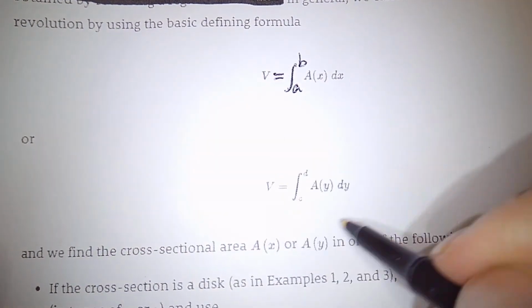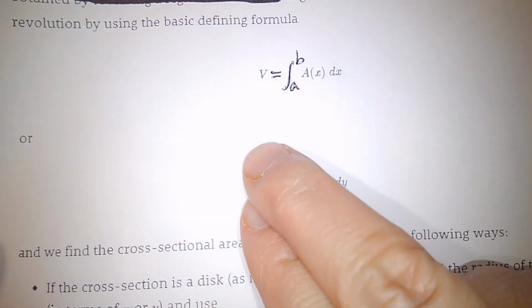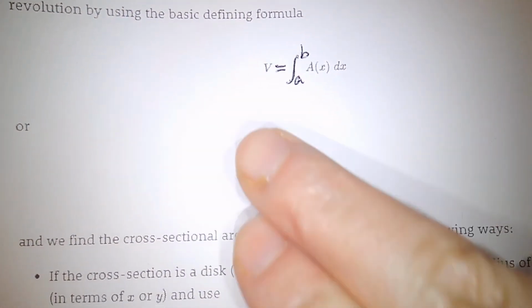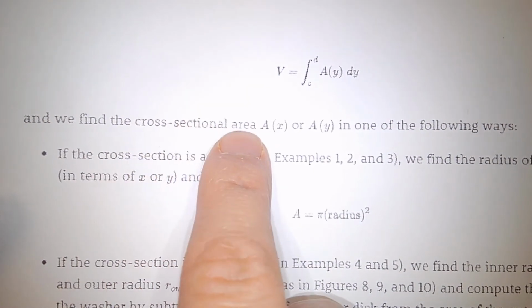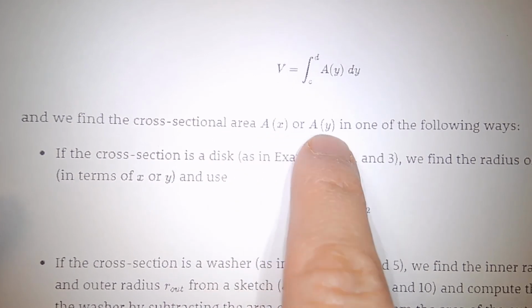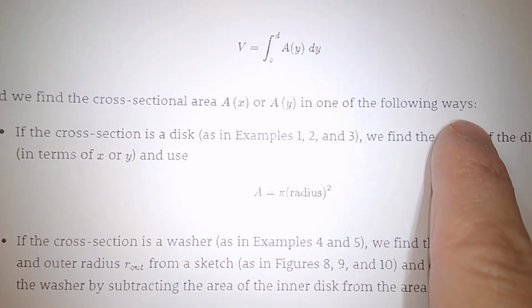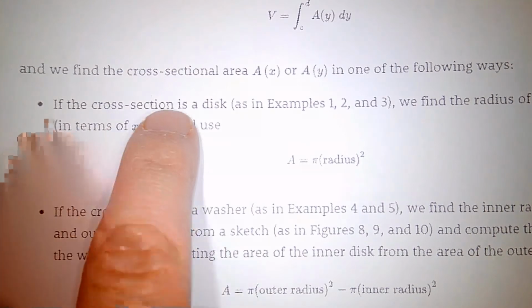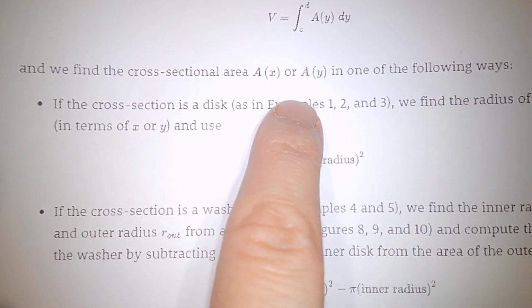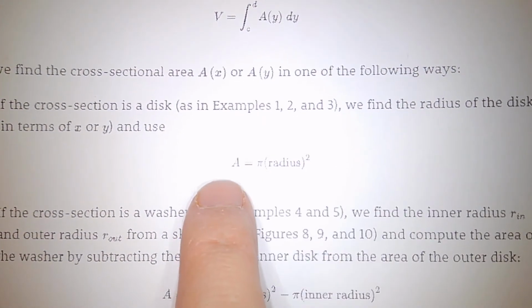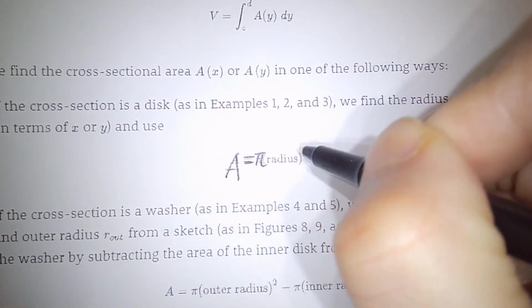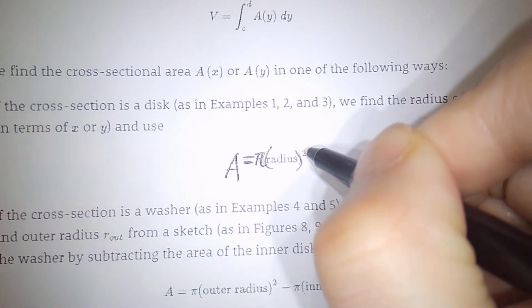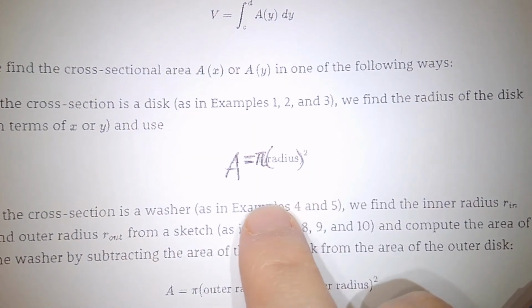Later we'll do the second case, so I'm not mentioning it right now. Then we find the cross-section area, A(x) or A(y), in one of the following ways. Either the cross-section is a disk. How do we find the area for a disk? Area equals pi times radius squared.